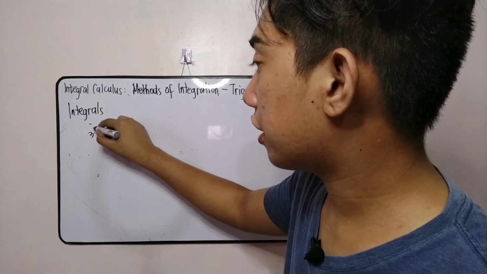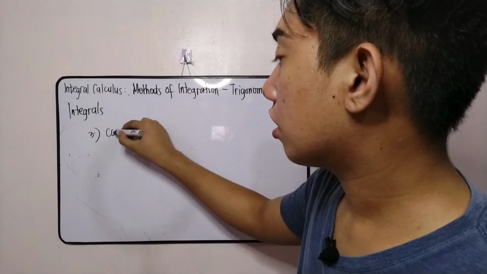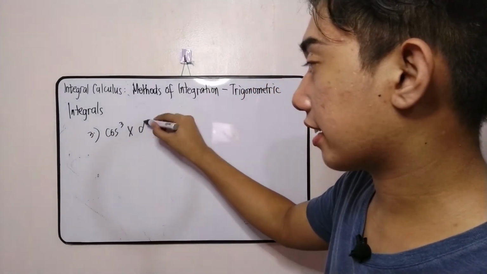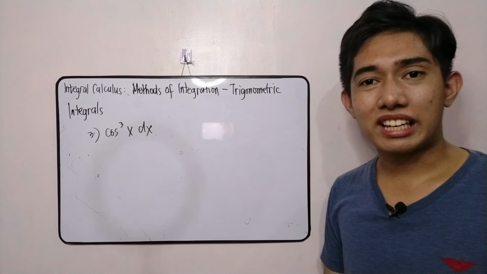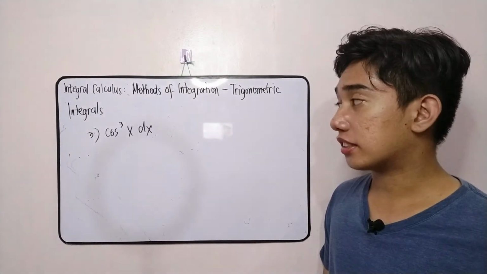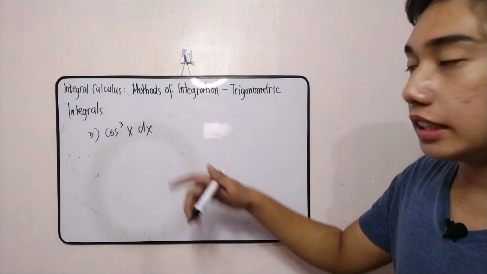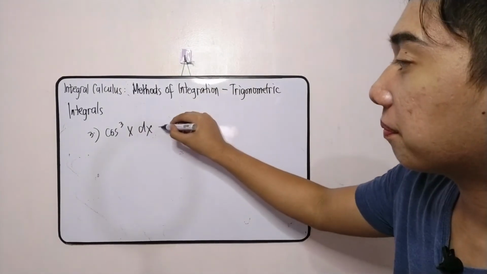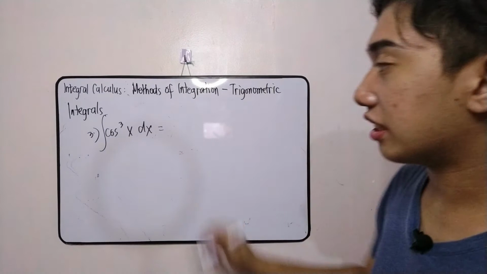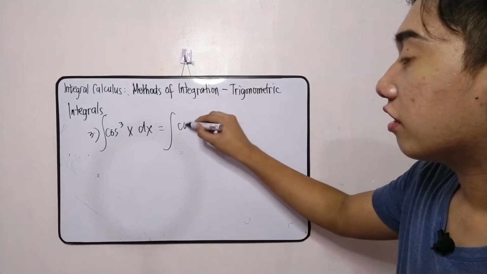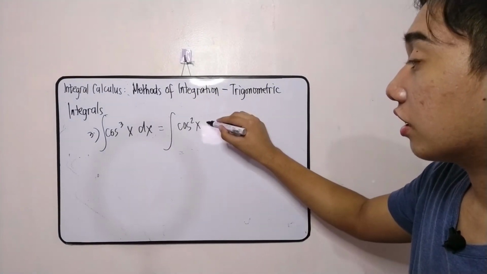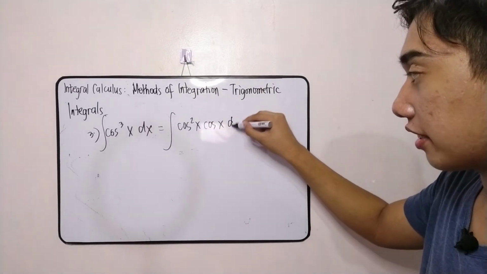Okay? Our third example will be the integral of cosine cubed x dx. So, paano kung ganyan? What are we going to do? Still the same kung ano yung ginawa ko kanina. The integration of cosine squared x cosine x dx.